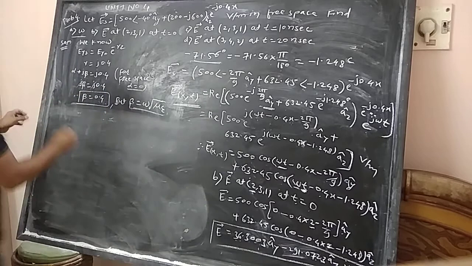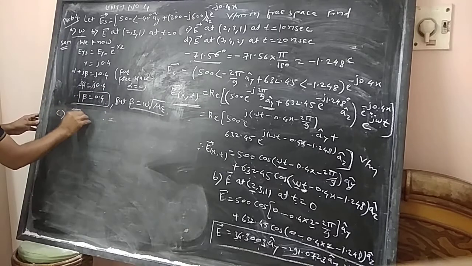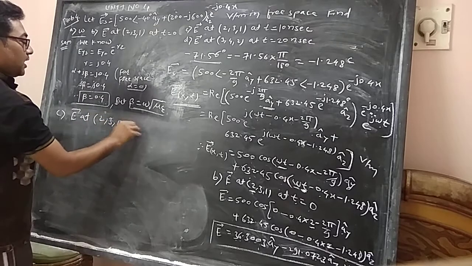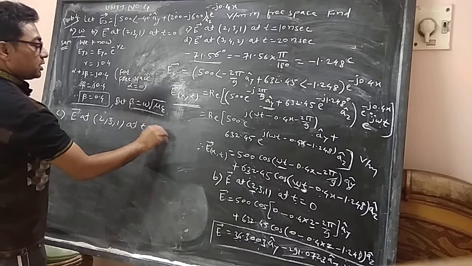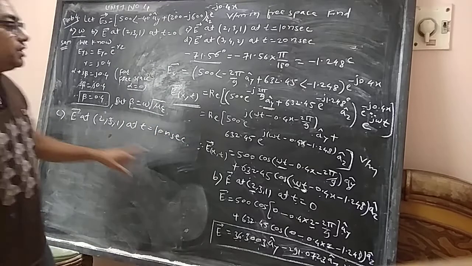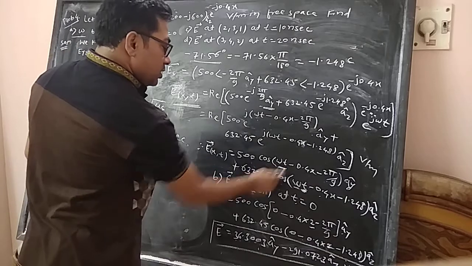Option C is E vector at 2, 3, 1 at time t equal to 10 nanoseconds, right? So you need to put the value here, t equal to 10 nanoseconds.